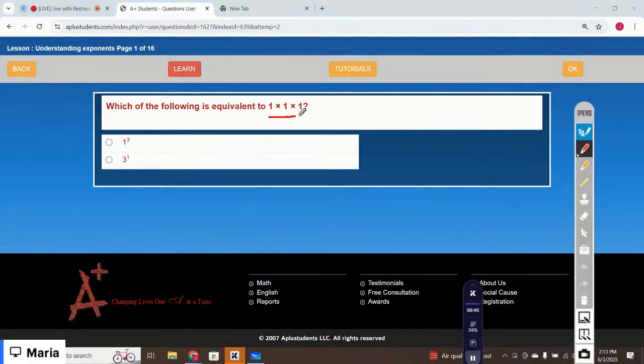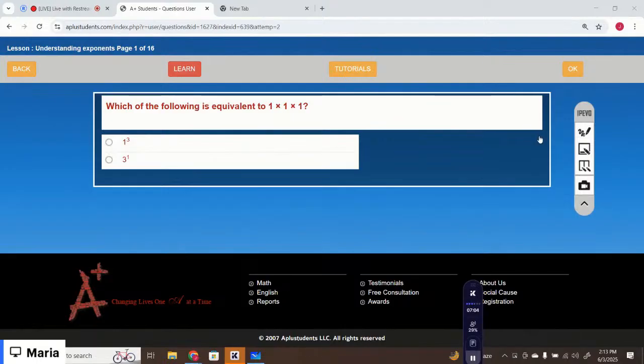So 1 times 1 times 1 means 1 exponent 3. Option number 1 is the correct option. 1 is the base and 3 is the exponent because we have used 1 as a factor 3 times, right? That is 1 cube. Option 1 is the correct option.